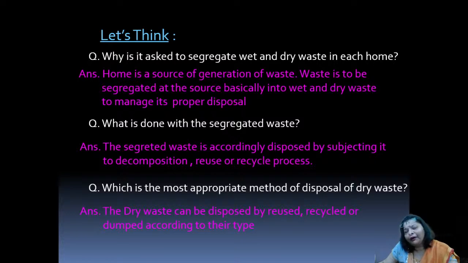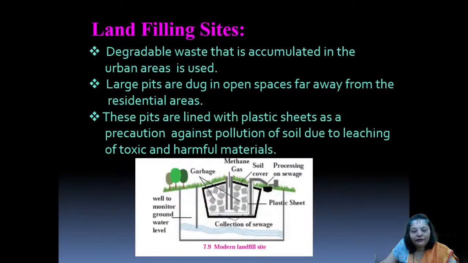If we are going to dump it, then it will undergo decomposition, of course, but according to the type of waste we have to dispose it properly. So the dry waste can be disposed by reusing it, recycled, or dumped according to the type of the waste. I hope you have thought in a better way that we have to segregate the domestic waste into wet and dry waste.